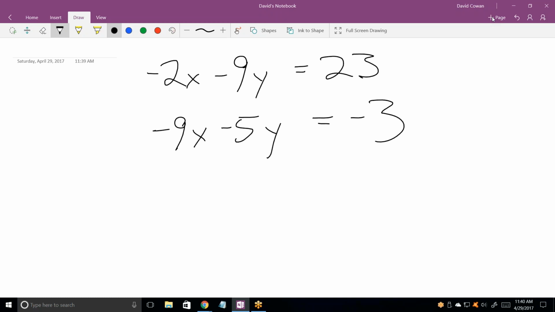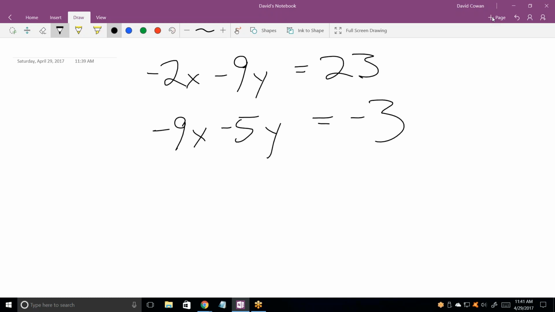But the other rules say that I can multiply either side by any number I want. Right. So what's a common denominator that I can multiply the top equation by and the different number for the bottom equation, giving me the same coefficients for one of these variables? And it doesn't matter whether I eliminate x or y.